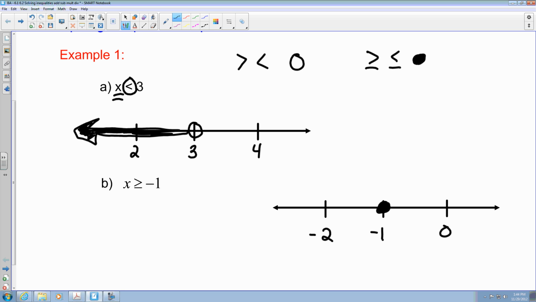And if I look, see that arrow again I was talking about? That arrow looks like it's pointing to the right-hand side. So that means that I'm going to shade the right-hand side of my graph. If you don't see that, you can plug in the numbers that I've given you, see if 0 holds true, which it does, or does -2 hold true, which it does not. Either way are ways that you can identify which way you shade the graph.